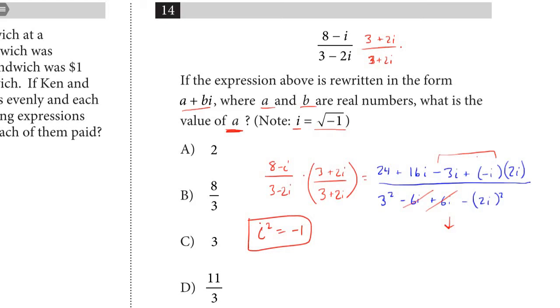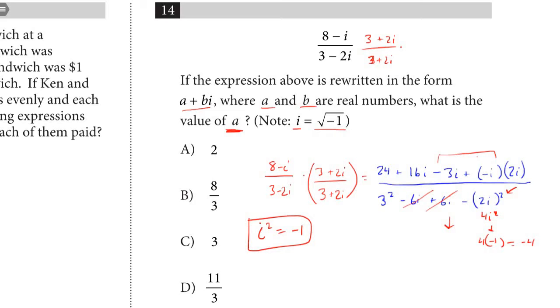So we see that here 2i squared is basically going to be 4i squared, which will then become 4 times negative 1, right? Because we're changing the i squared to negative 1. So that's just negative 4.